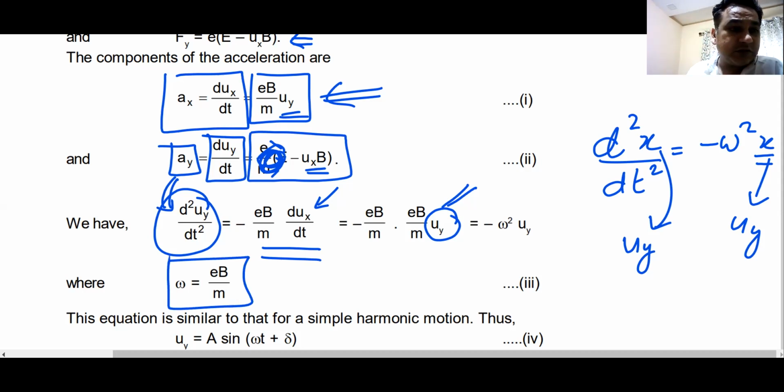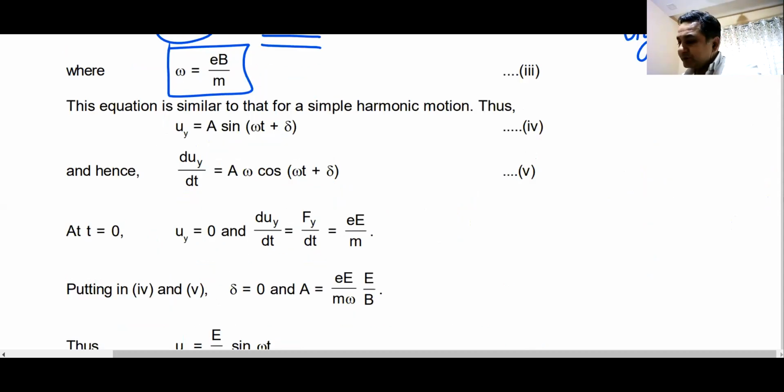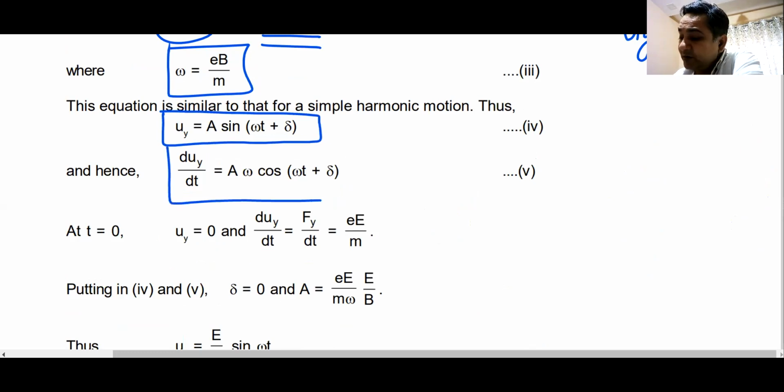So now you can write it in the form of an SHM. You can write uy becomes A sine omega t plus delta. duy by dt becomes this. At time t equal to 0, you know the value of uy.